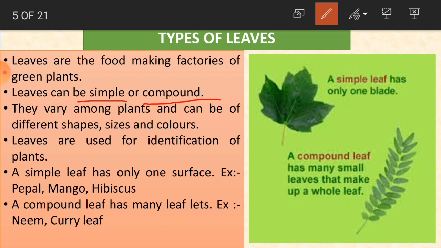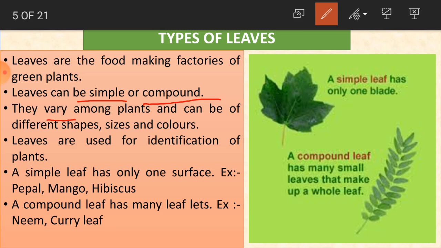They vary among plants and can be of different shapes, sizes and colors. What is vary in the sense? They differ. As you have observed, children, every plant has a different type of leaf. Even the color differs.